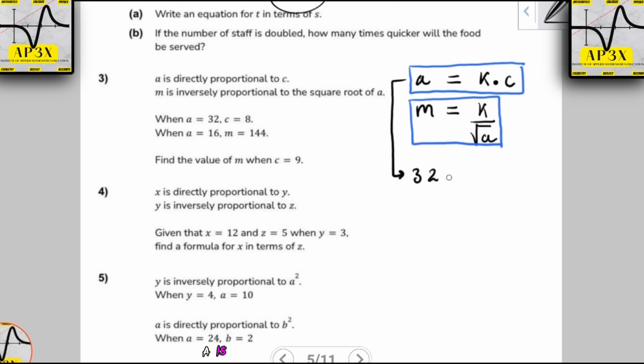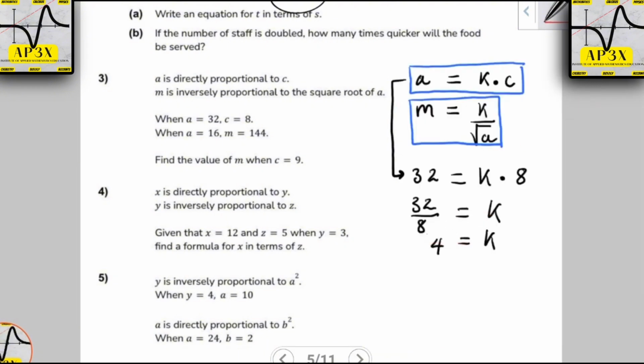A is 32, and that's going to be equal to K, which is unknown obviously, multiplied by C, which is 8. So if we divide both sides by 8, you're going to find here that in fact K is equal to 4. So this is the value of K.